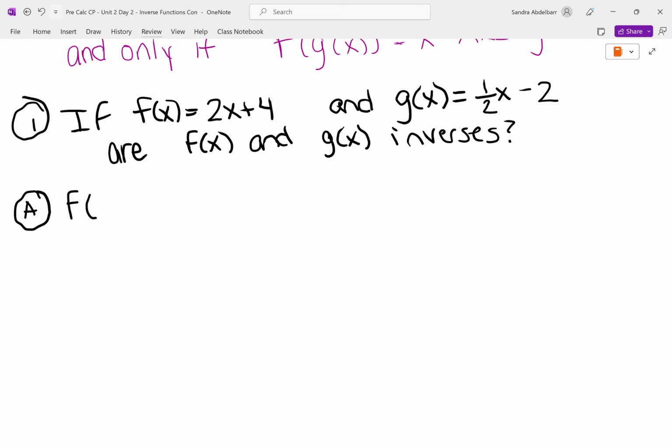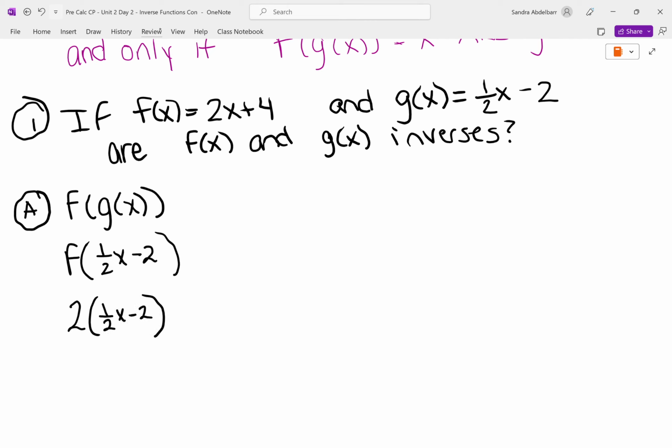I need to show f of g of x. Well, we know g of x is a half x minus 2, so this is going to be f of a half x minus 2. So now I'm going to go to f of x. Wherever I see x, what am I going to substitute in? A half x minus 2. So this is going to be 2 times a half x minus 2 plus 4. At this point, we have to distribute in that 2.